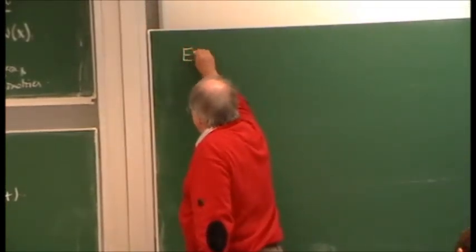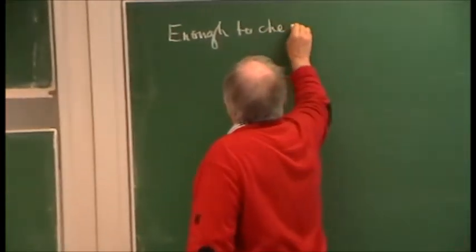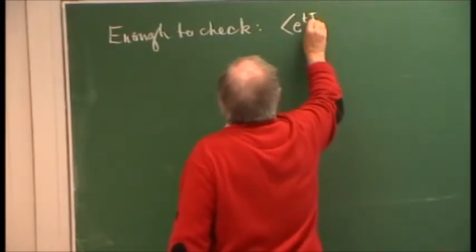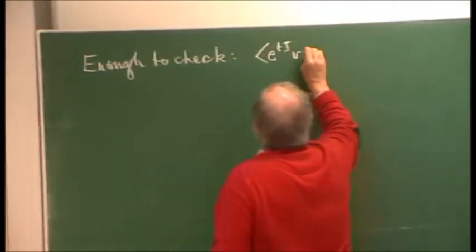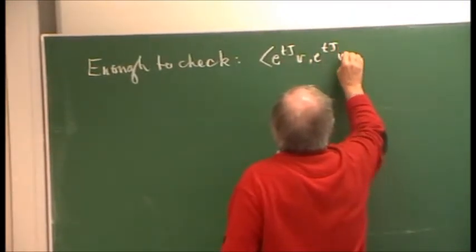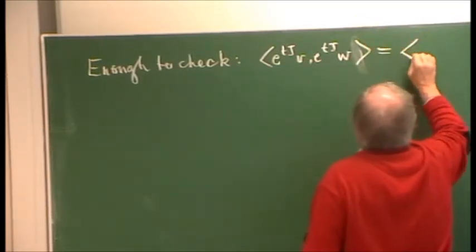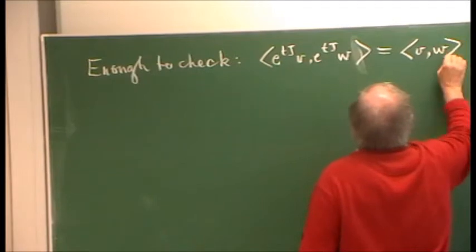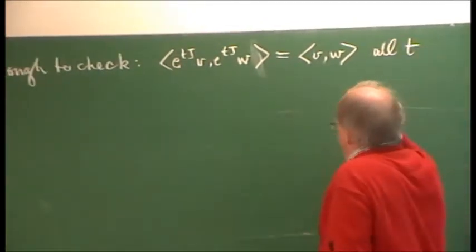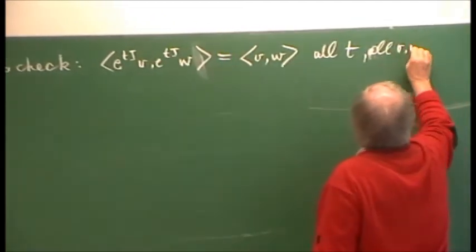Okay? So let's just see how you would check it. It's enough to check that the inner product is invariant, that e to the tj v, e to the tj w, I don't know, let me just do it for fun with different vectors here, equals the inner product of v and w, for all t and for all v and w.